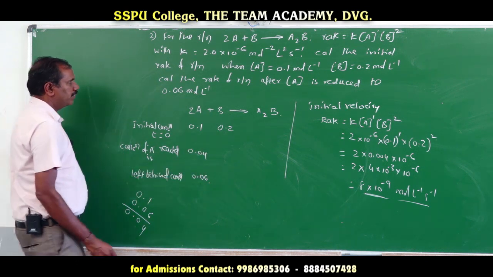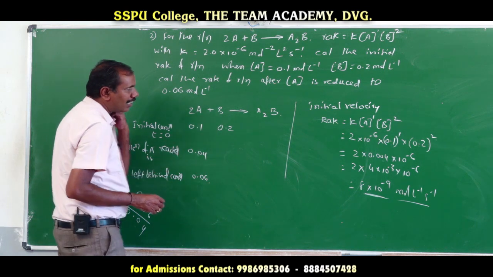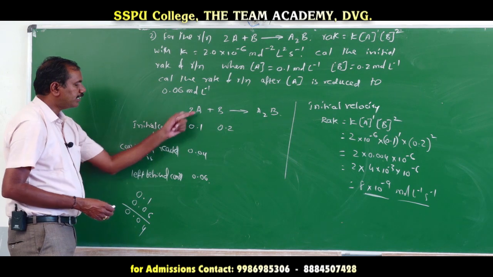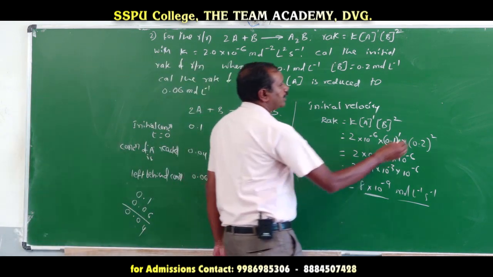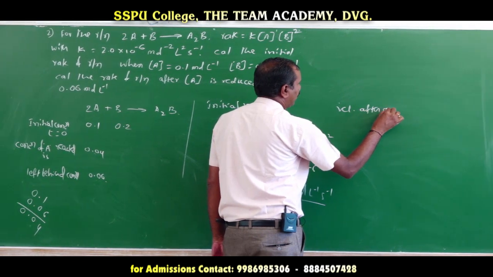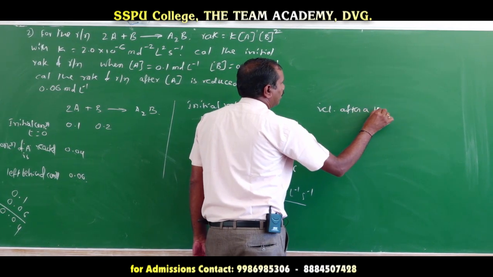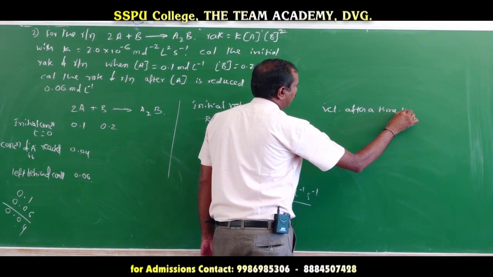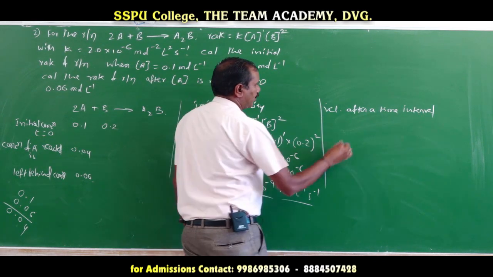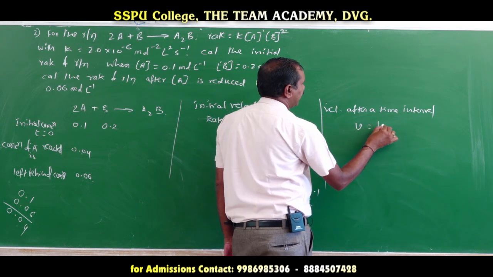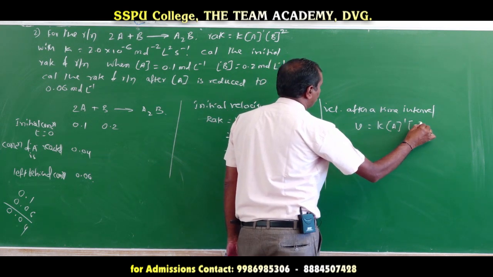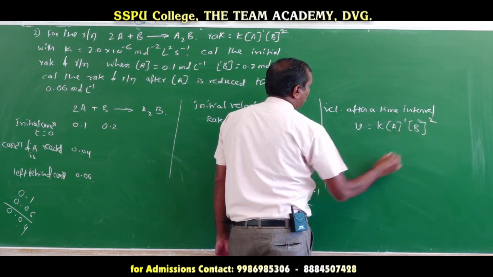Now, to calculate the velocity after a time interval, when concentration of A is left behind, the velocity V, nothing but rate, equals K into molar concentration of A to the power 1, B to the power of 2. Okay.